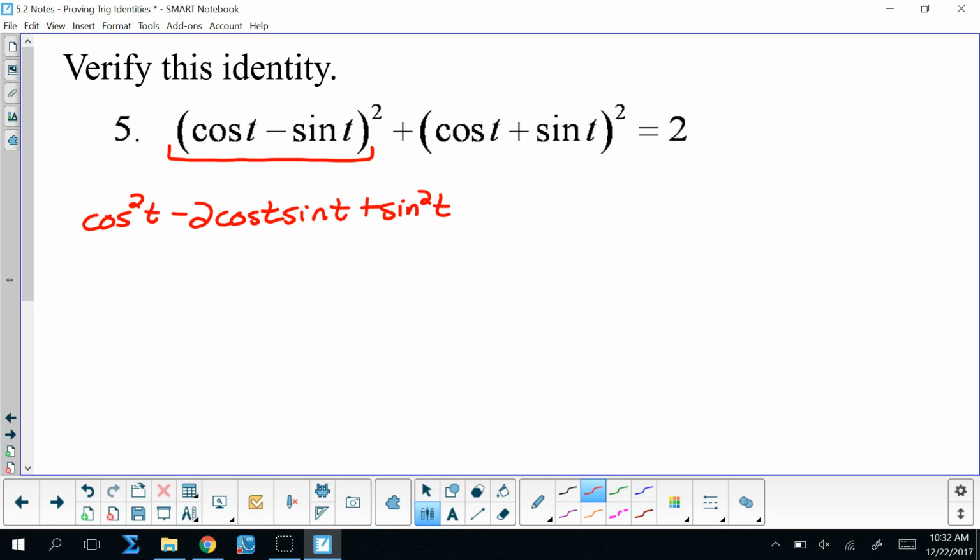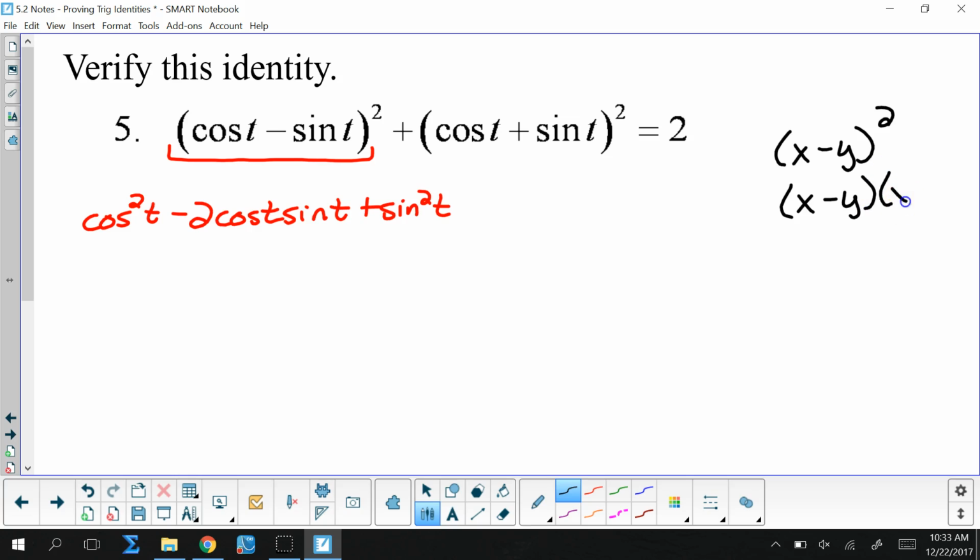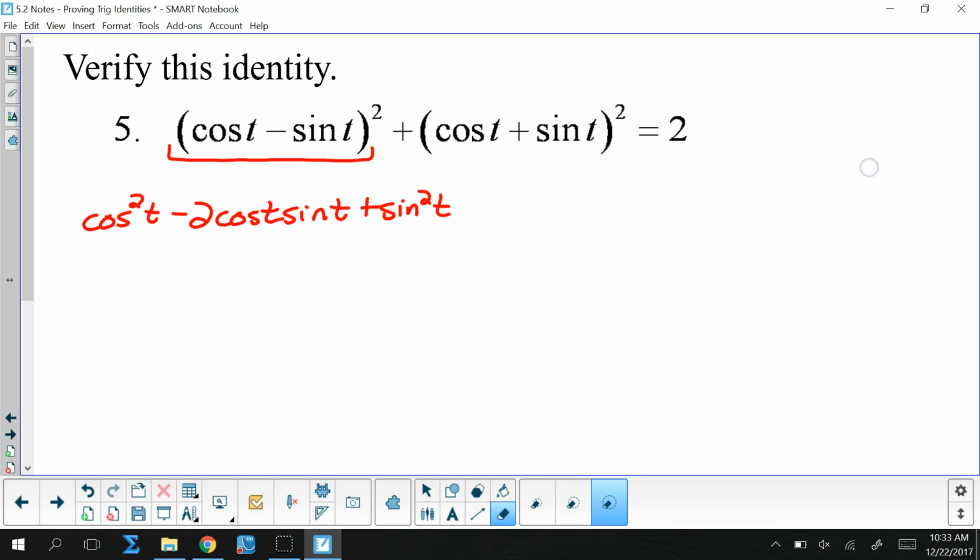It doesn't multiply to be cosine squared plus sine squared. You got to get that middle term too. It's no different than x minus y squared. That's x minus y times x minus y. You got to remember your algebra when you're doing this stuff.